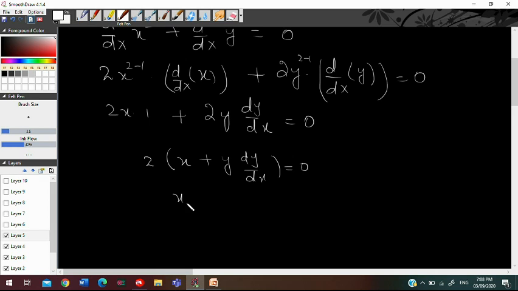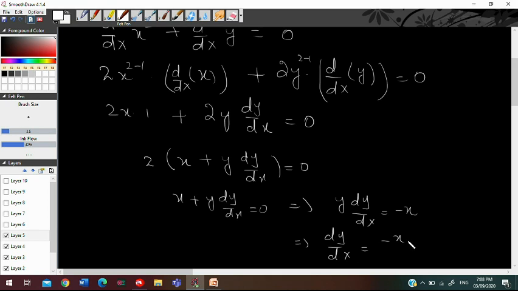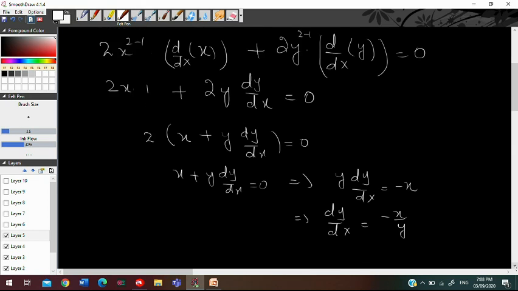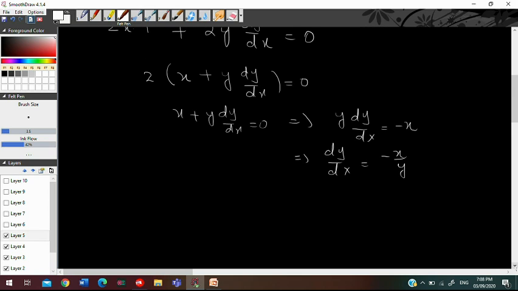Then y dy by dx is equal to minus x, and finally dy by dx is equal to minus x divided by y. So this is your first derivative, meaning y1 is equal to minus x divided by y.